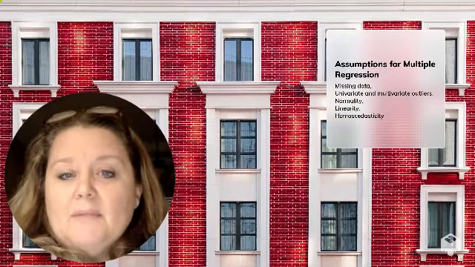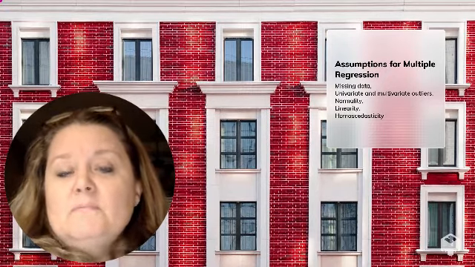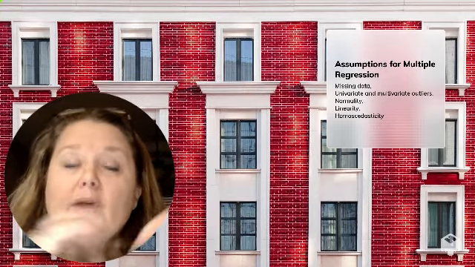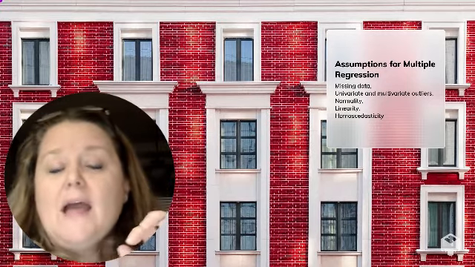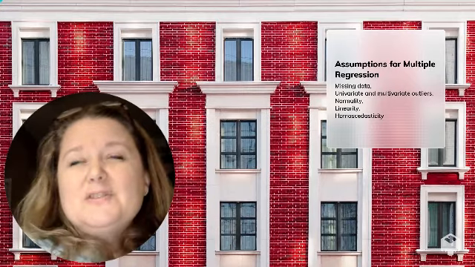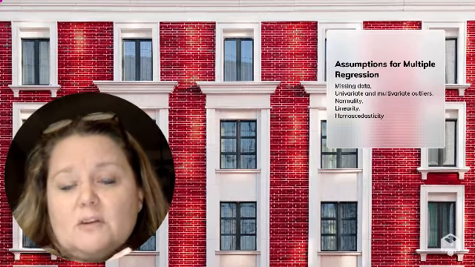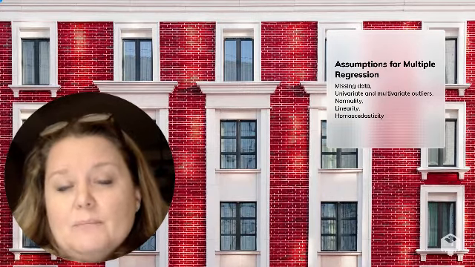Linearity can be a problem, and it's useful to take a few minutes and run a scatter plot and look at the linearity of all your individual predictor variables on your outcome variable. And there's some discussion about maybe you should have linearity between your predictor variables, although I'm not sure that's that important.